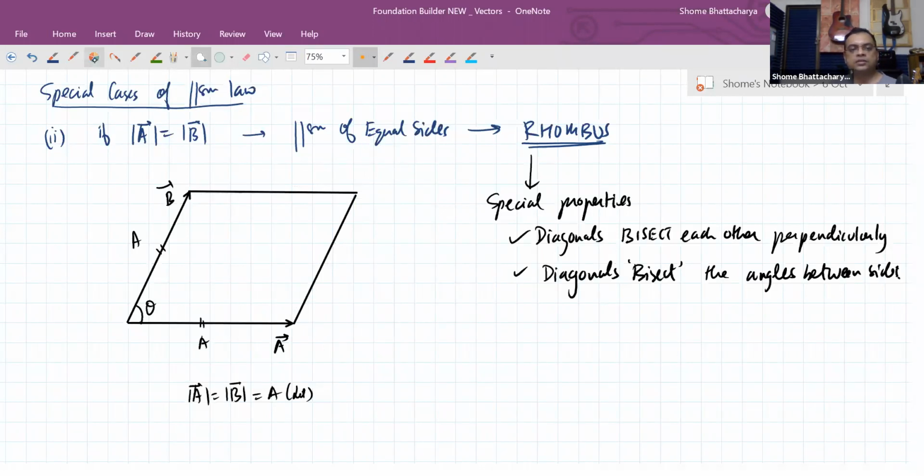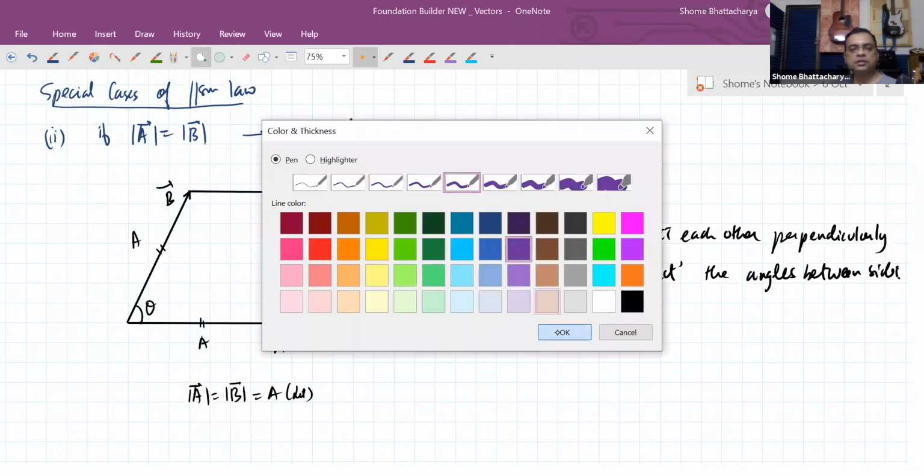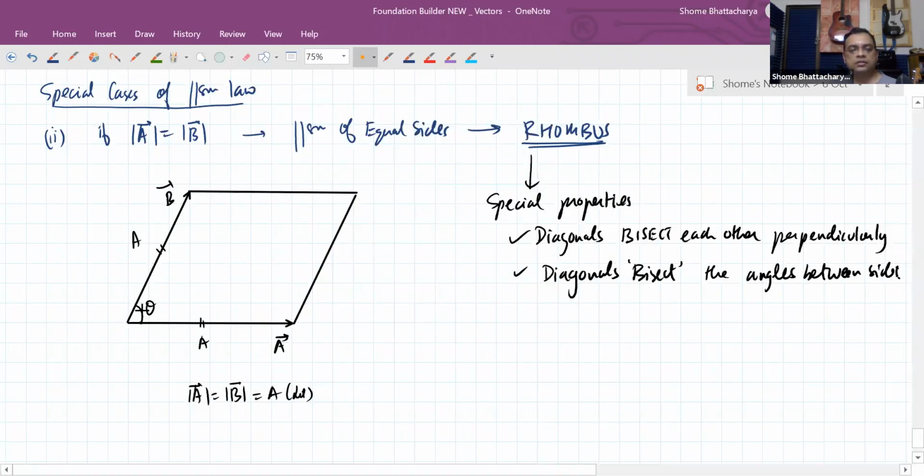Part of that special property is that when I draw the diagonals, which in this case are the sum of the two vectors, A plus B, and the difference of the two vectors, which is the secondary diagonal like this, A minus B, they are bisecting each other perpendicularly.